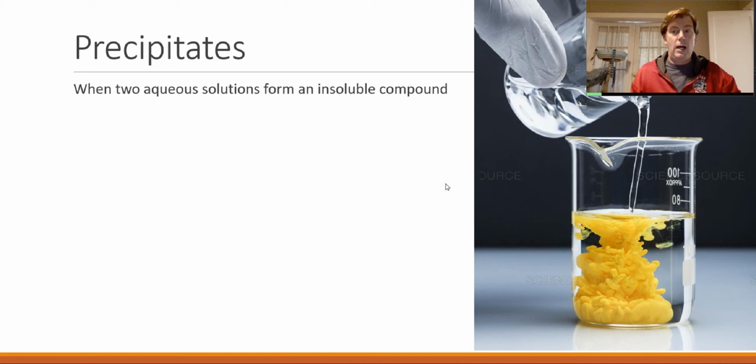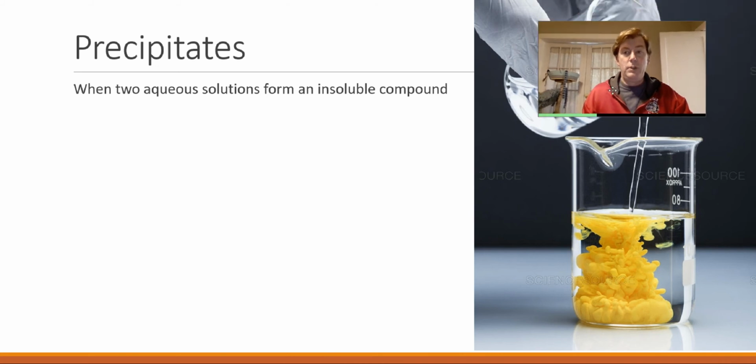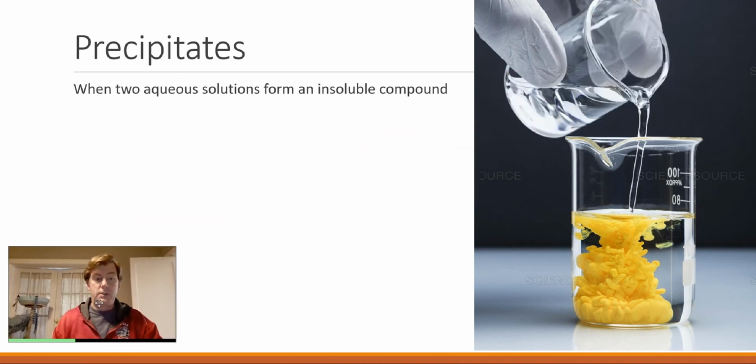So when we have two solutions, two things that are aqueous, we can see this upper beaker is clear, right? We can't see the particles because they're pulled apart. They're smaller than a water molecule. You can't see a water molecule, so you can't see these things. So when you have a solution, it should be clear.